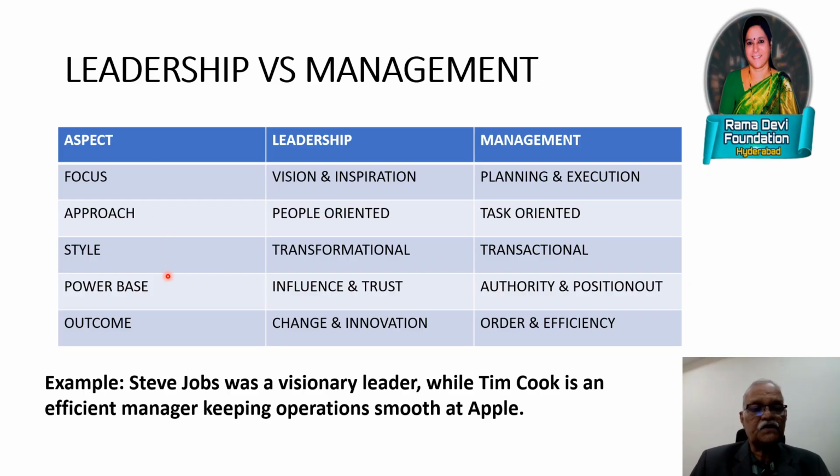The outcome of leadership is change and innovation, and in management it is order and efficiency. For example, Steve Jobs was a visionary leader, while Tim Cook is an effective manager, keeping operations smooth at Apple.